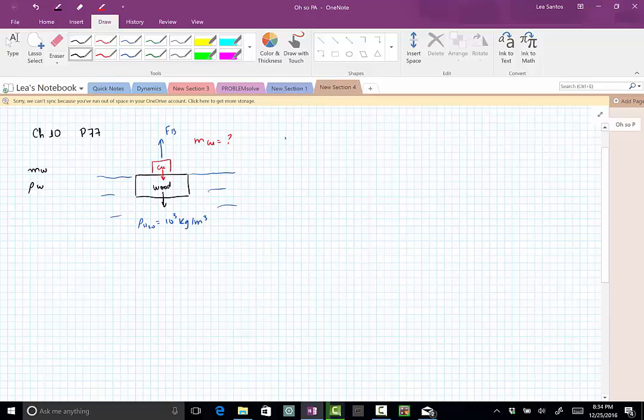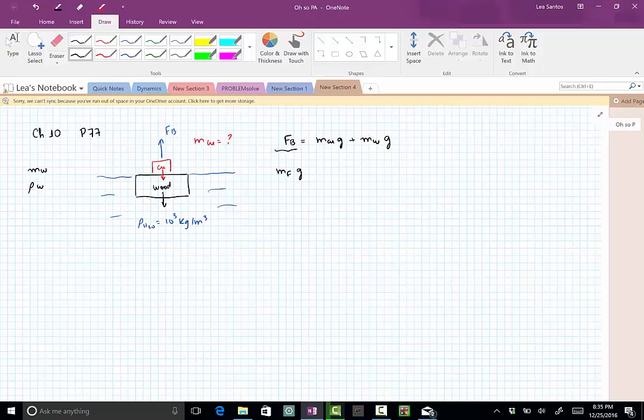What we have is that the buoyant force is equal to the weight of copper plus the weight of the piece of wood. Okay, now the buoyant force is the mass of the fluid multiplied by g, and the fluid here is water, and the mass of the fluid is the amount of the fluid that was displaced so that this whole piece of wood could fit inside.